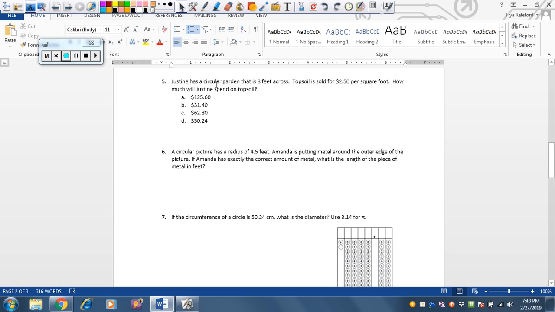Number 5, Justine has a circular garden that is 8 feet across. Topsoil is sold for $2.50 per square foot. How much will Justine spend on topsoil? So first you have to know how many square feet she's going to buy. If it's square feet, it's area.